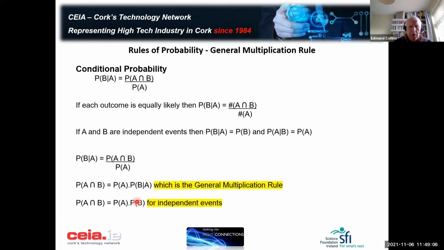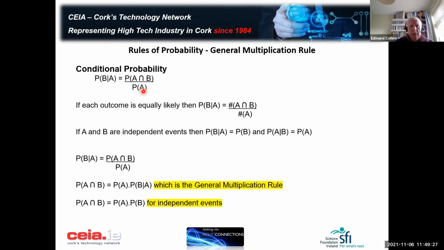Independent events. This rule is used to be able to write the probability of A and B for independent events in this way. And again, that comes up in the solution to the question we were looking at.